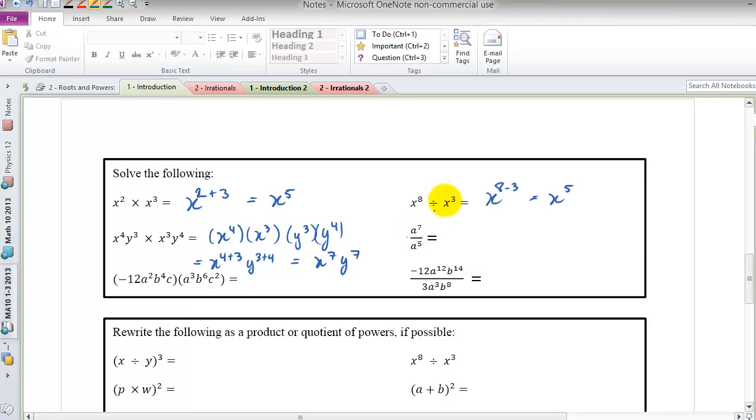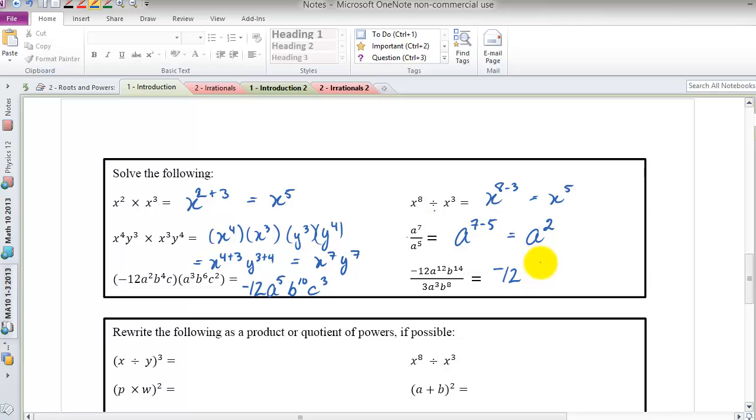A fraction is basically the same operation as division. So this is a to the power 7 minus 5, which is a to the power of 2. This one, I'll just write it out. That's negative 12. a to the power 2 plus 3 is 5. b to the power 4 plus 6 is 10. And c to the power 1 plus 2 is 3. And this will be similar.